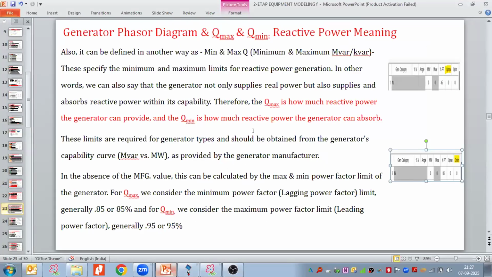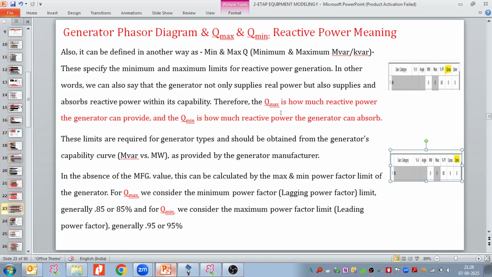The generator not only supplies real power, but it can also absorb reactive power within its capability, and the capability is given by the generator manufacturer through the capability curve.